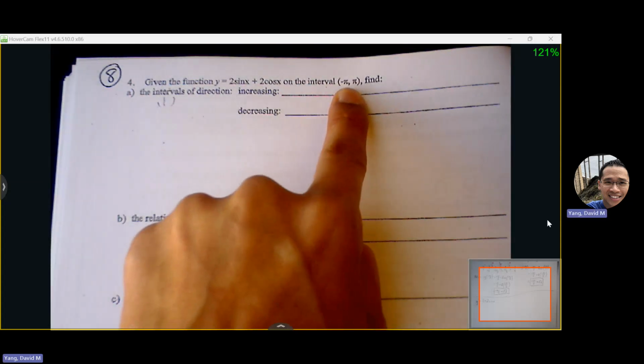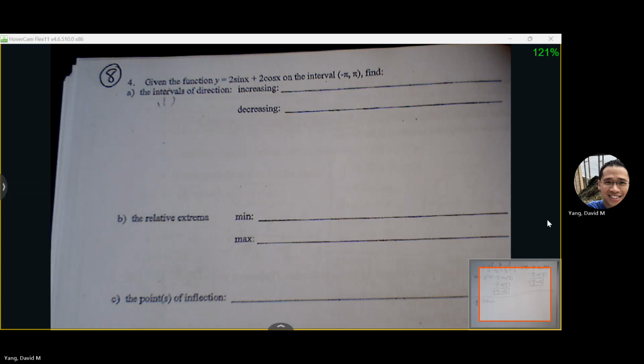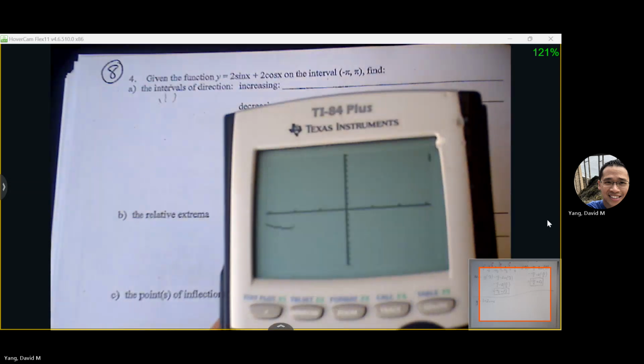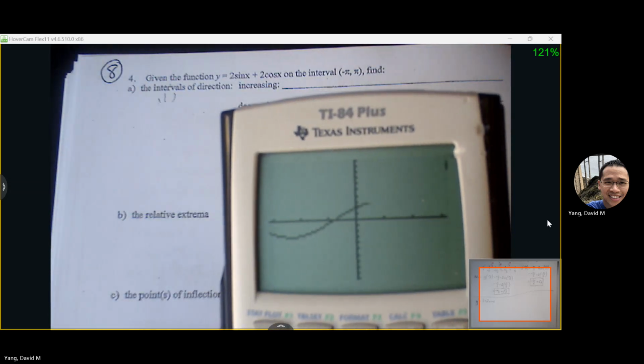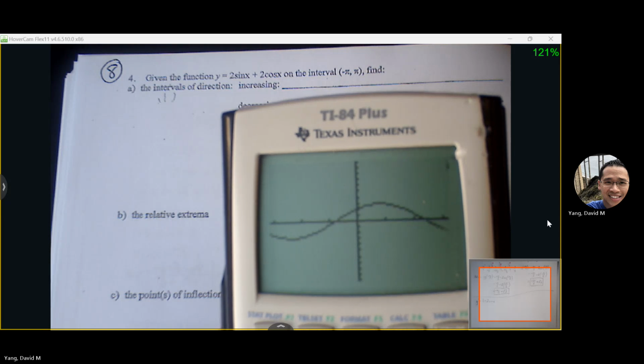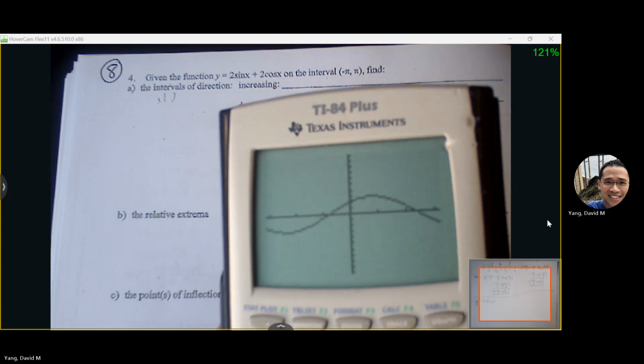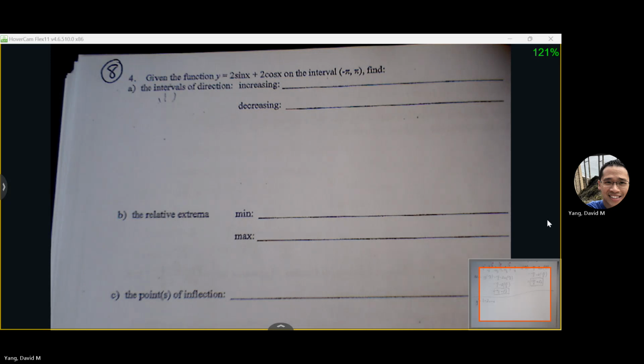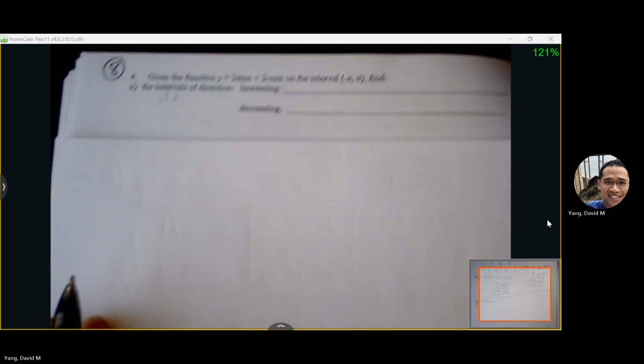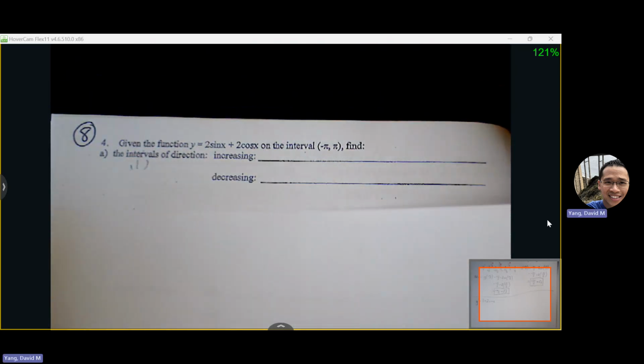Again, interval is from -pi to pi. Okay, go through our process just like before.